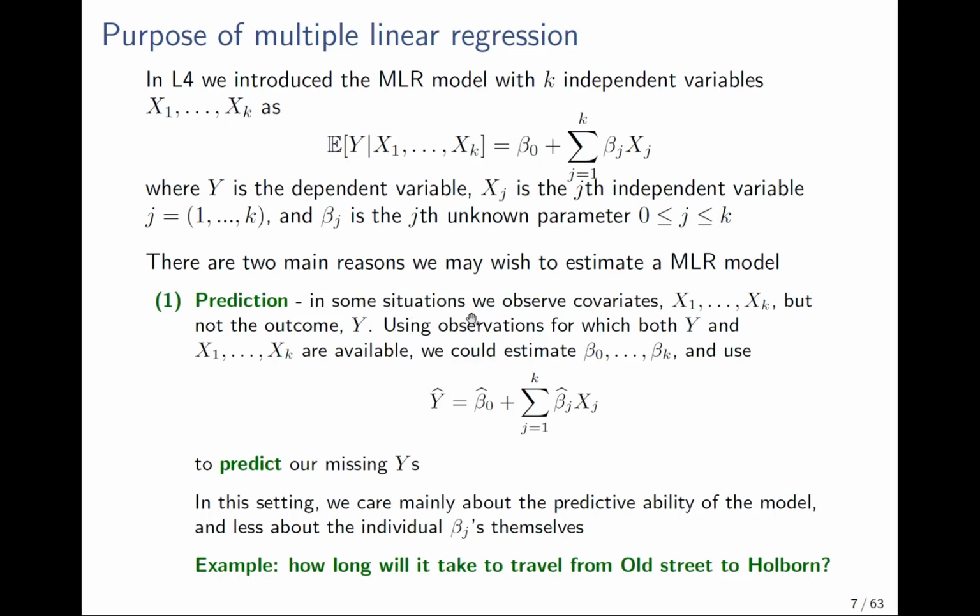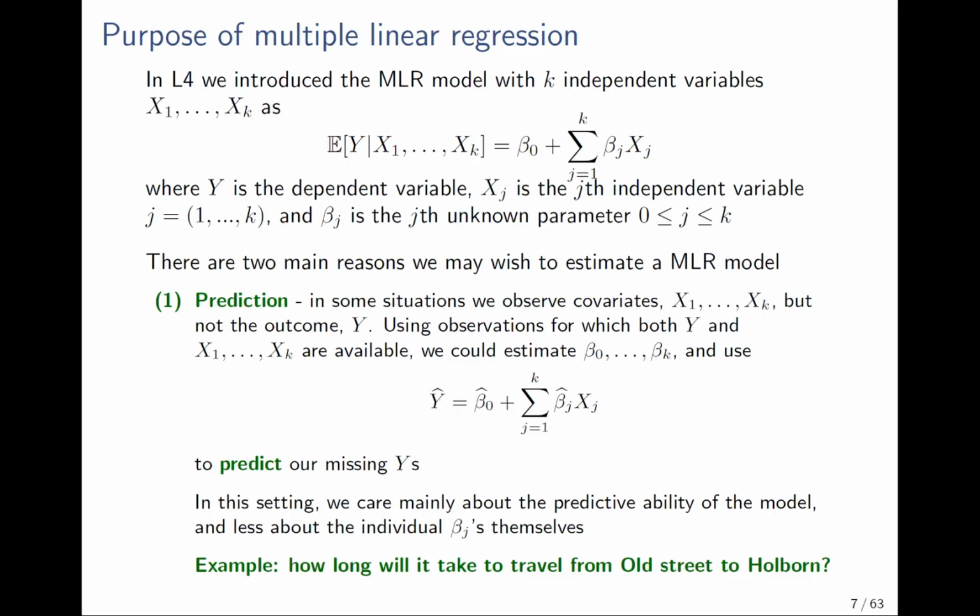So in some situations we observe the covariates x1 to xk, but not the outcome y. So using observations for which we do know y and each x, we could estimate our multiple linear regression model and then use the resulting estimates to predict our missing y's.